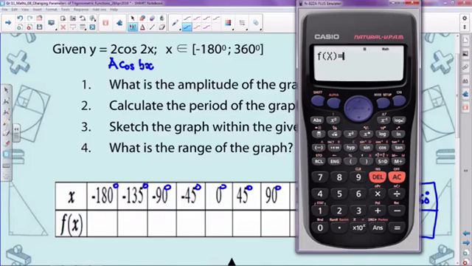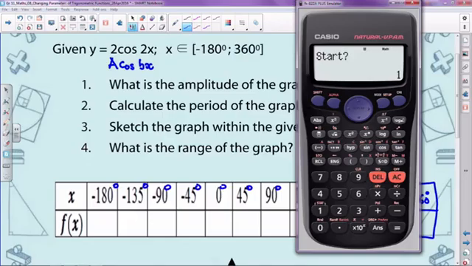So the function is 2 cos 2x, with x somewhere, and then close bracket. Right, so we have a function now. Now what you do next, you press your equal sign. The g of x is when you've got two functions. It depends on the calculator that you are using. Because we've got only one, we skip the g of x.